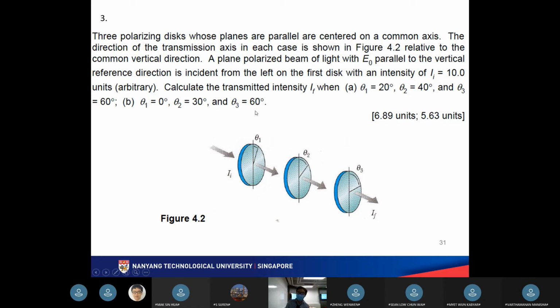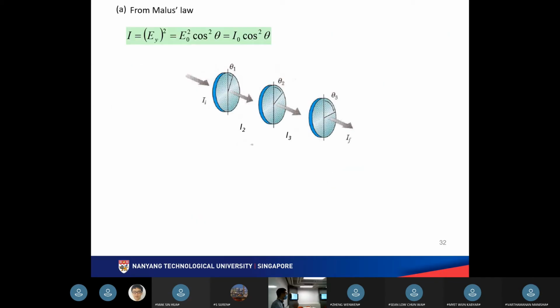So this question has 2 parts. Let's look at it one by one. Clearly, this is polarized light passing through a polarizer. What you identify is the polarizing axis, and we only learn one formula for it.